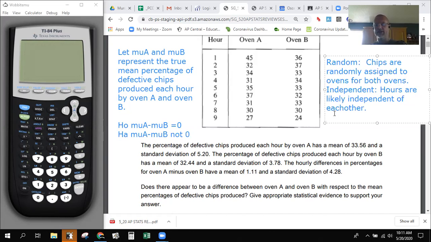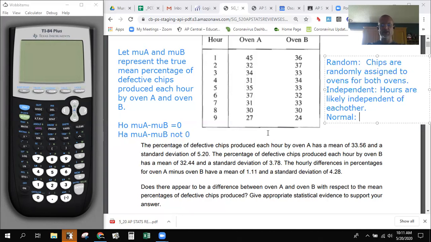And then the next part after random and independent is, is it normal? We're doing a t-test here, so we have to take a look at these. What we would do is make a dot plot of this and a dot plot of this, and since there are only 9 observations, we have to make sure there's no skew in either dot plot and no outliers.